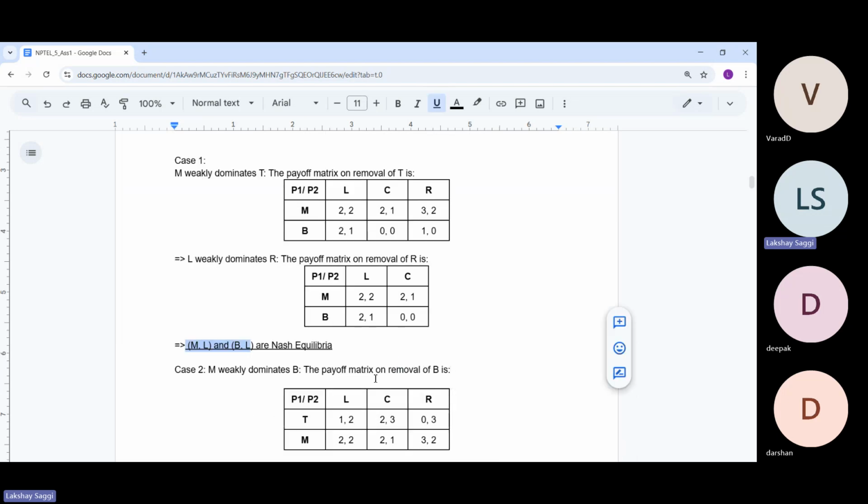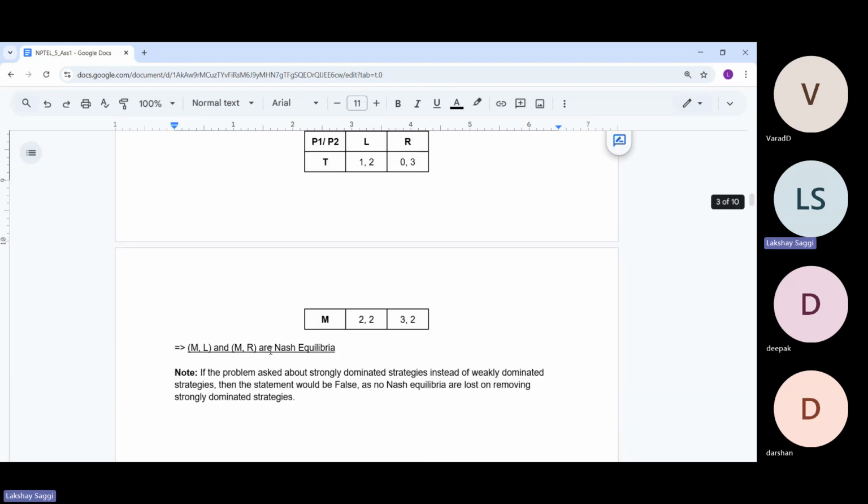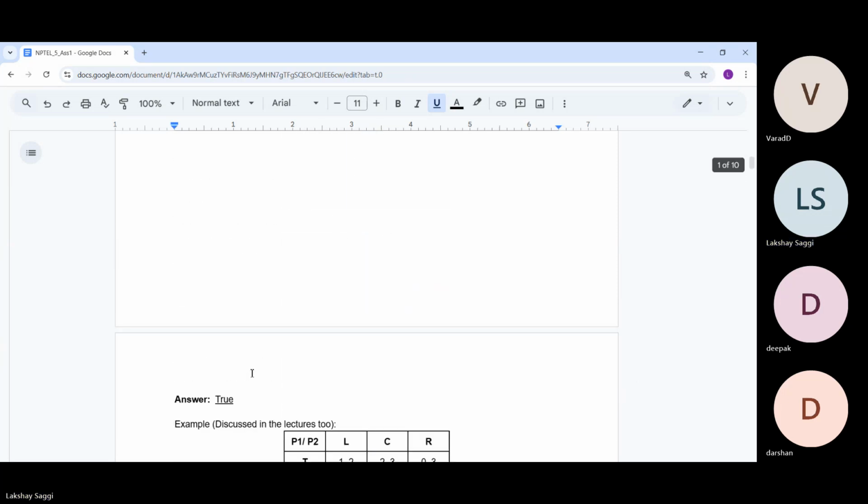Whereas on removing first B and then C, we arrived at ML and MR as the Nash equilibria. So we arrived at different Nash equilibria after removing different orders of weakly dominated strategies. So yeah, that's why the problem statement is true.